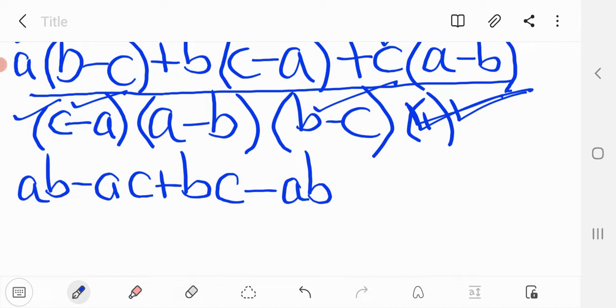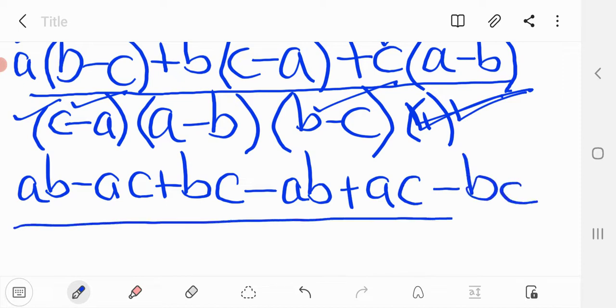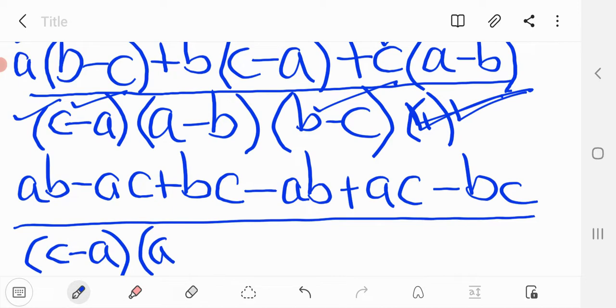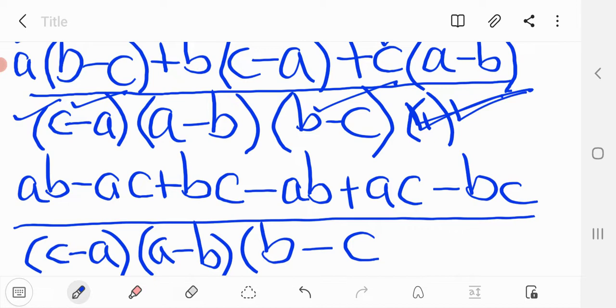No matter whether you write 2 cross 3 or 3 cross 2, the answer will be 6 in both cases. Similarly, plus ca minus cb, and divided by the same factors, c minus a into a minus b and b minus c. Now b minus c.